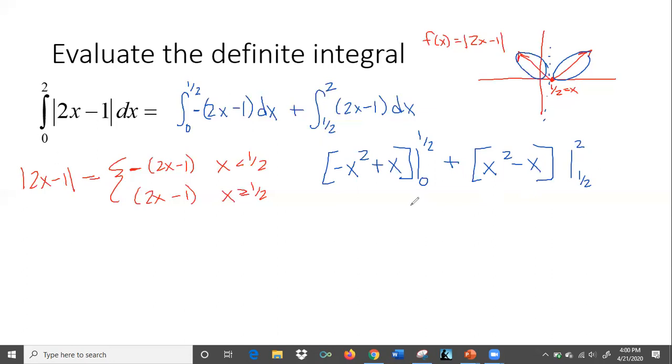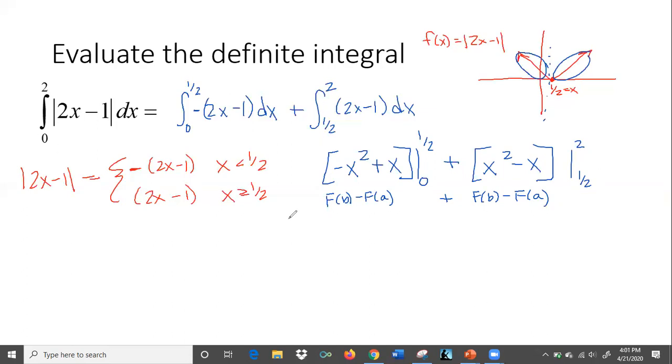Now we're going to substitute our values of f of a and f of b. In this case, we're going to have two sets of that. We have f of b minus f of a here, and we're going to add f of b minus f of a for this piece as well.